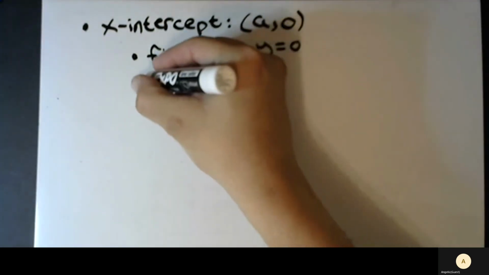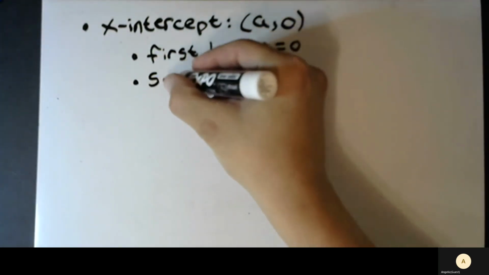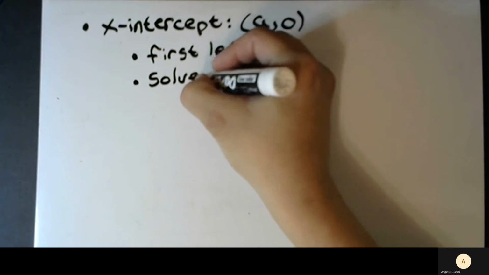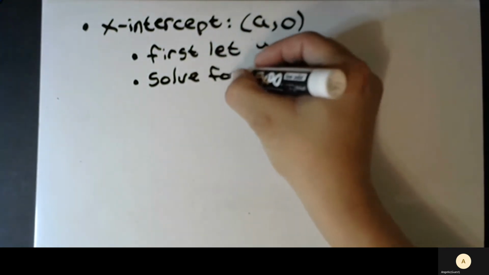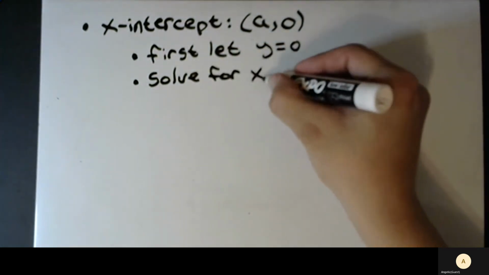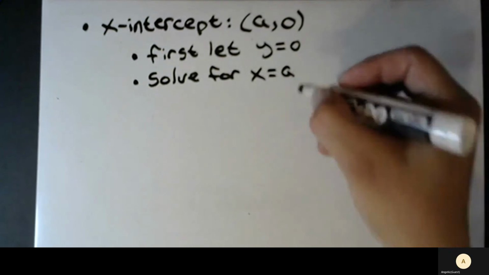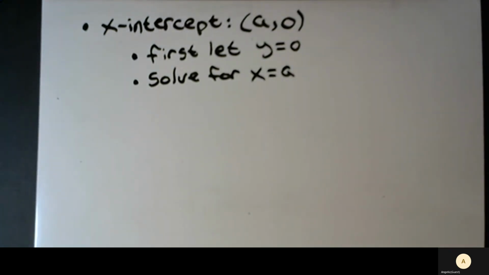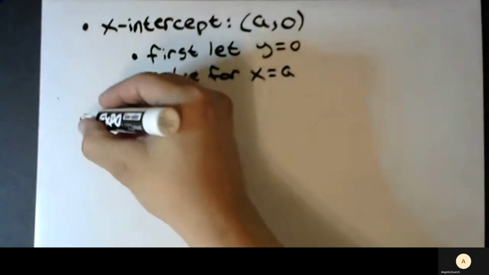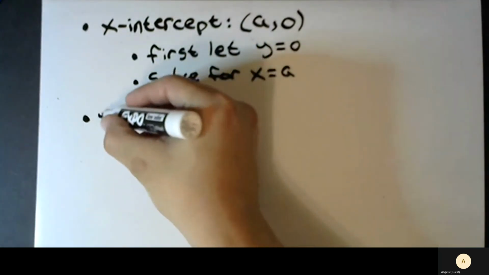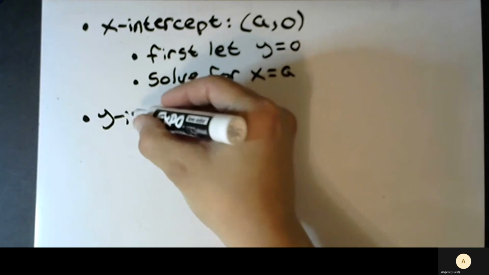And then we're going to solve for x equals a. Now for the y-intercept, it always takes this form.